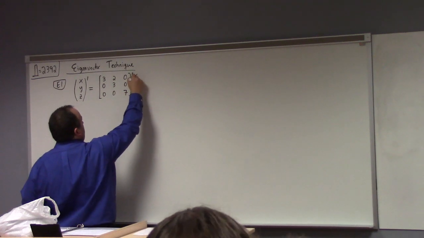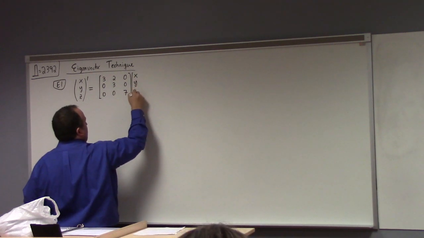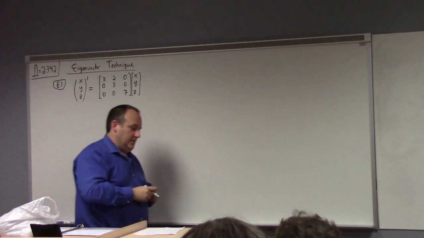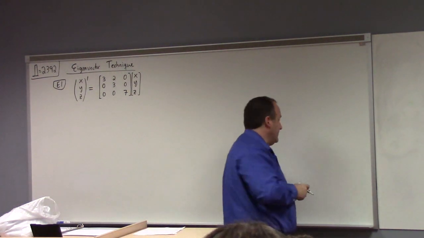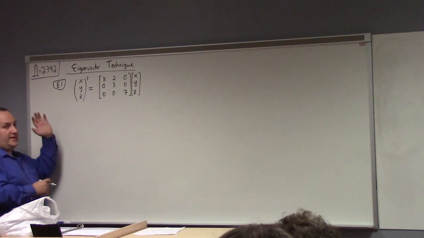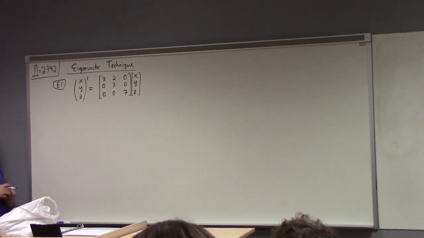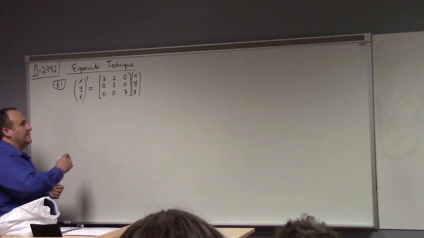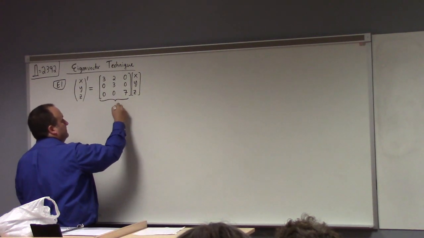I'll take it easy on us. This example is not too hard. And this illustrates what I said last class: if you've got a triangular matrix, finding the eigenvalues is super easy. Without further calculation, I can tell you the eigenvalues of this matrix.